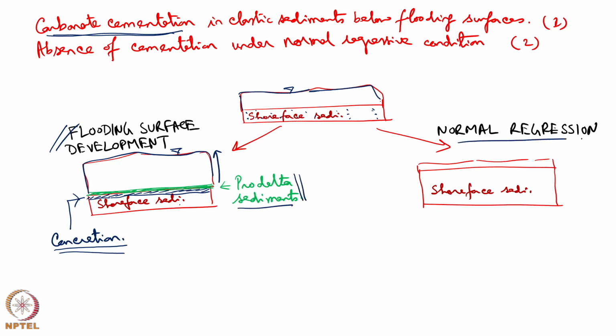Whereas in case of a normal regression, this water depth has reduced to this much. The shoreface sediment thickness has increased, here it is this much depending on the sediment supply, but the point is no concretion developed over here. Important point.